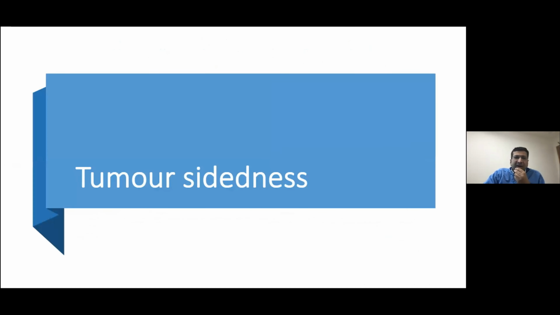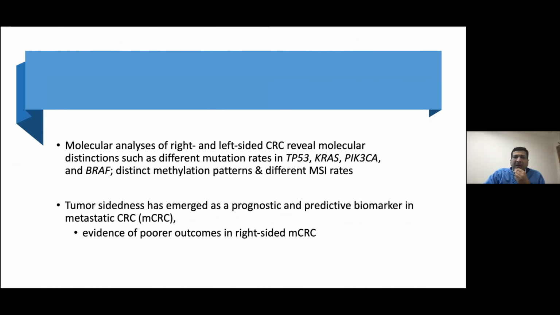Tumor sidedness, again, as I said, colon cancer is not one entity. It is different embryologically, and it is different molecularly. So there is a difference in the right and the left-sided tumors. Since it is different embryologically, there is a difference in the molecular markers also in the right versus left. That also we will see.